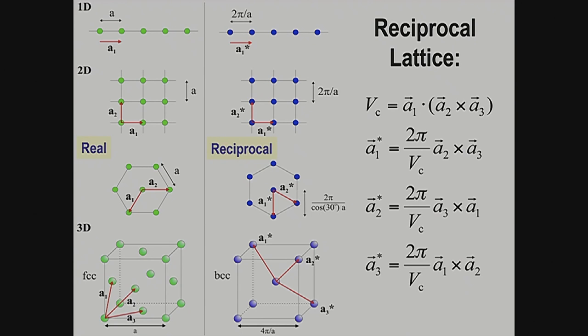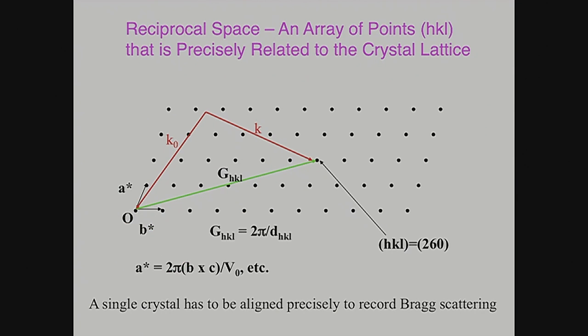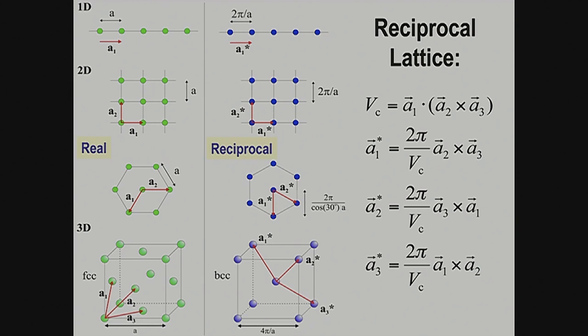This shows differences between real and reciprocal space for various structures. Again, you can go through that at your leisure. But here is the bottom line message. Each crystal structure gives rise to its own reciprocal lattice of points.